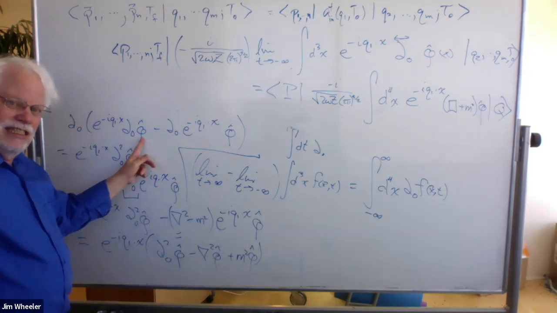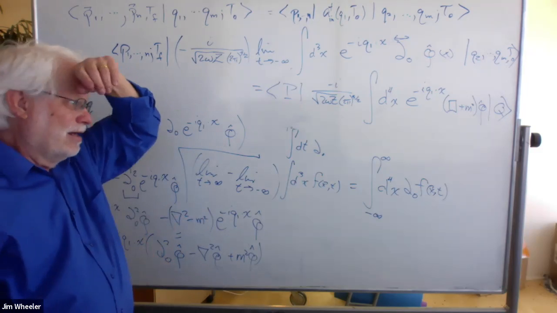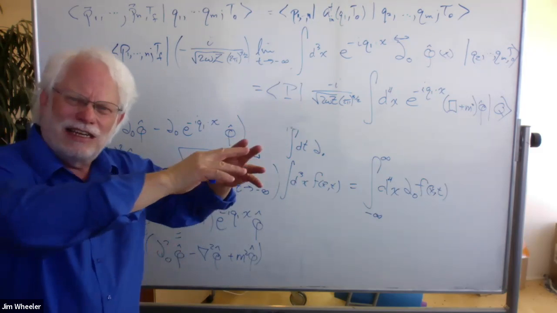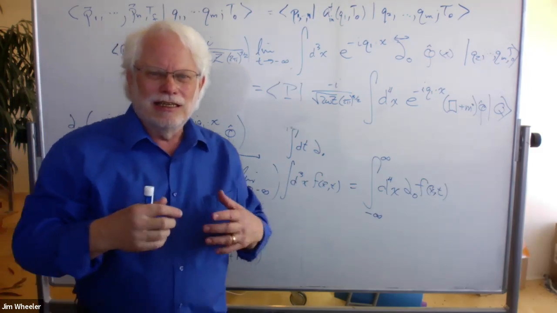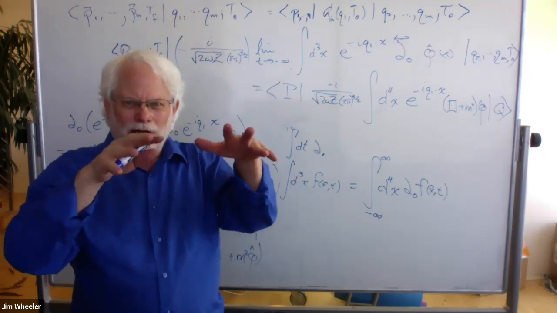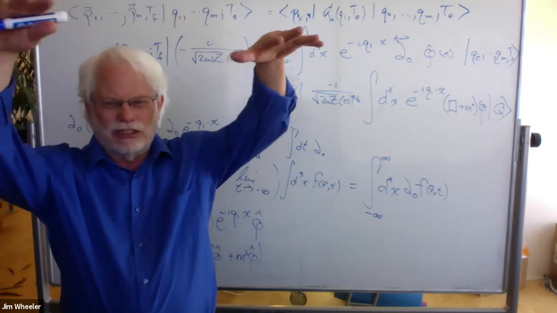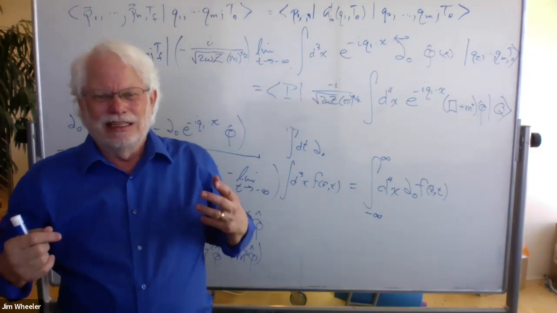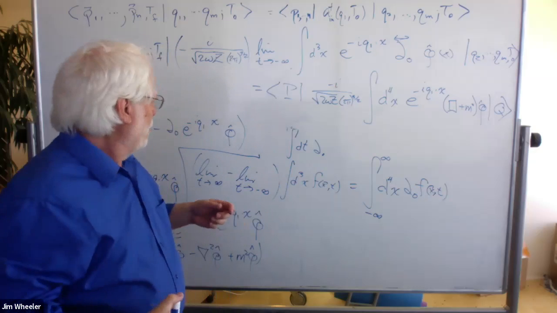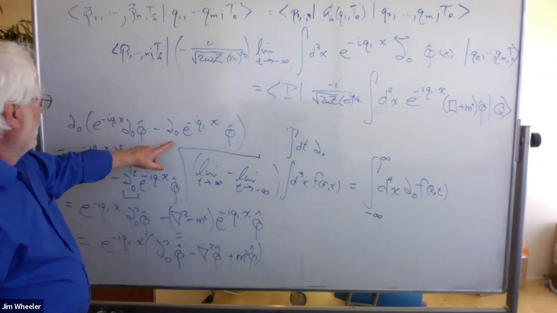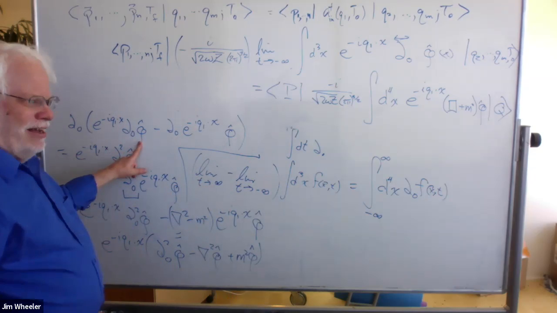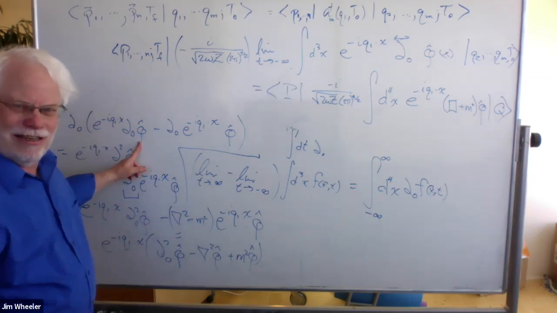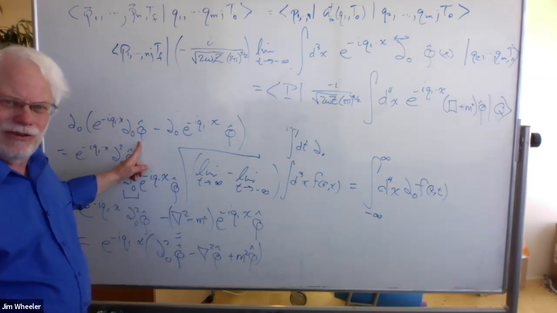Phi doesn't. This is phi. It's not even a very well-defined function of time, because this is a quantum operator evolving along every possible space-time path, if you think in terms of a path integral. So the time derivative of the phi operator, that's the momentum. And that's not a clear function of time either.